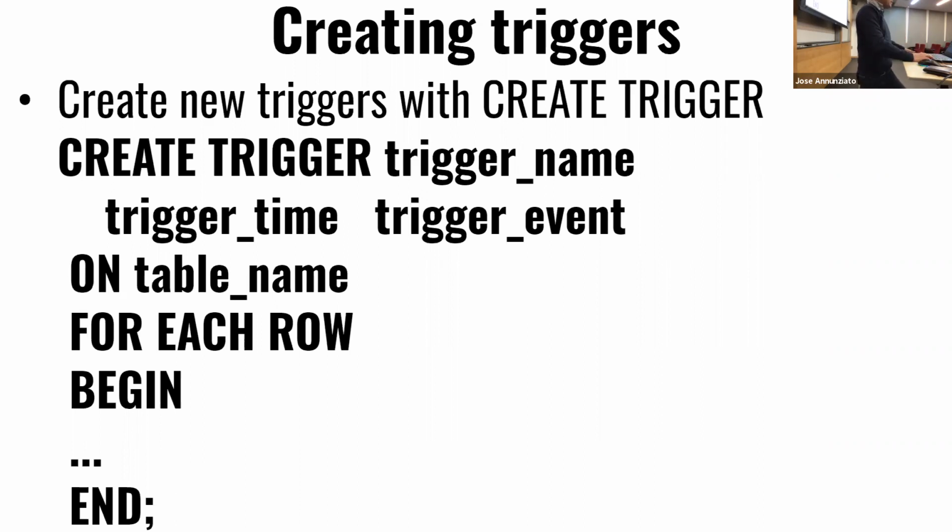So for instance, the general syntax of a trigger is that you give a name to the trigger. You also specify when this happens: does it happen before the event or afterwards? Should this run before the insert or after the insert, or before the update or after the update?